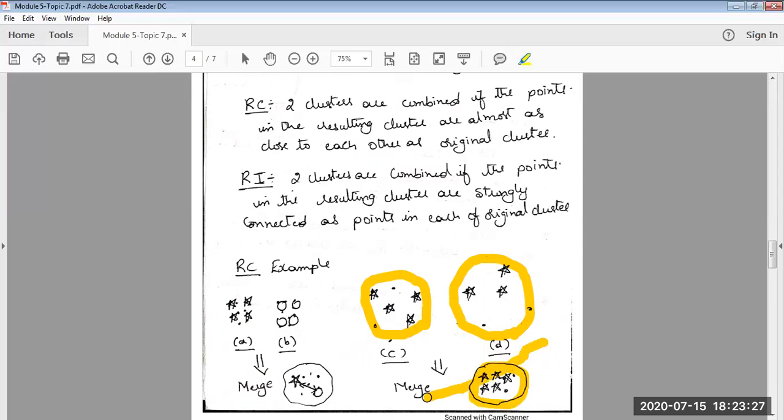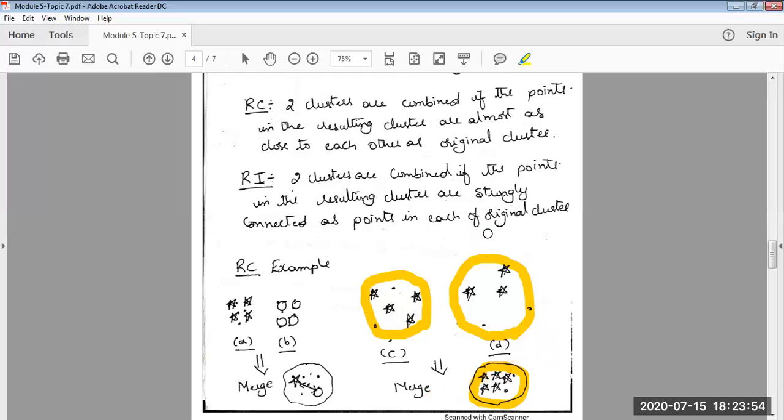This outcome is almost similar to the previous two smaller clusters that were used for merging. So the nature of the output, the distance between data points in the output cluster, is almost similar to the input. Input here is the two clusters that were selected for merger.